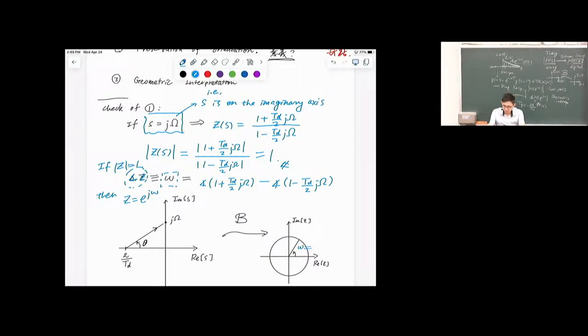Just to focus on this term first: the real part is 1, the imaginary part is Td divided by 2 times omega. Developing this further, this is arctangent of Td divided by 2 times omega. And similarly, minus the negative of arctangent, same thing.